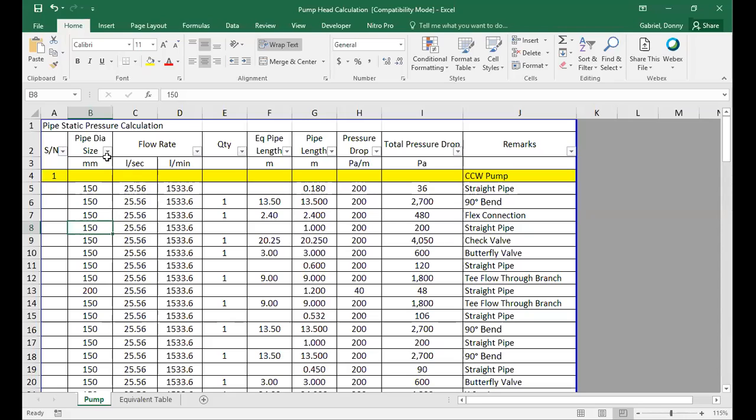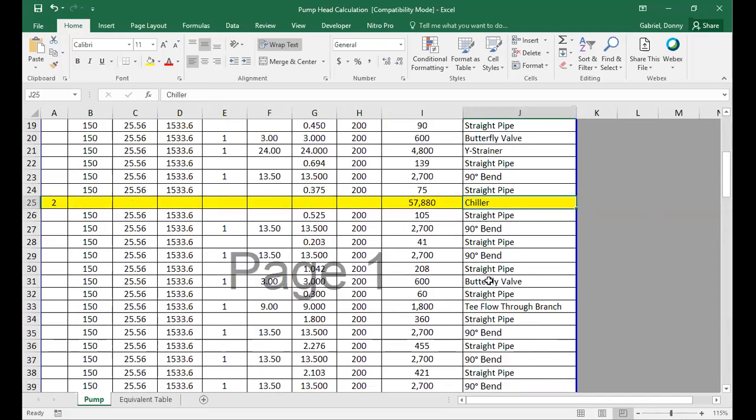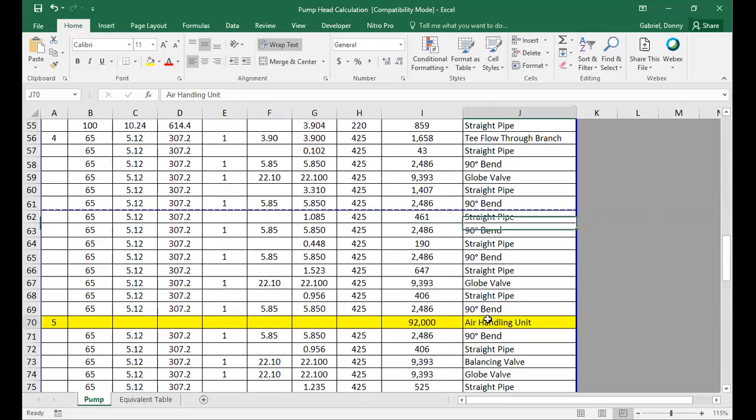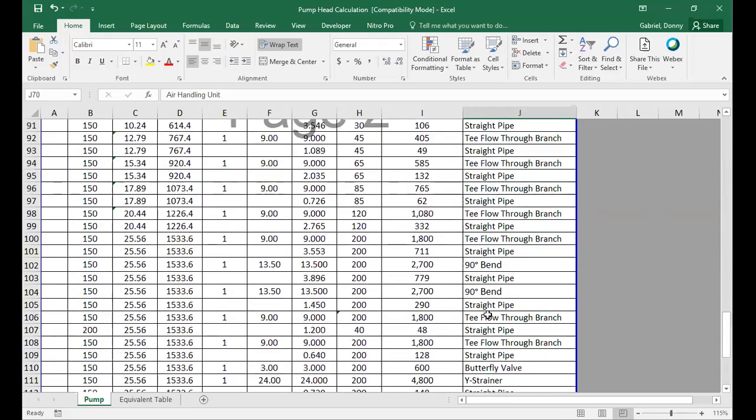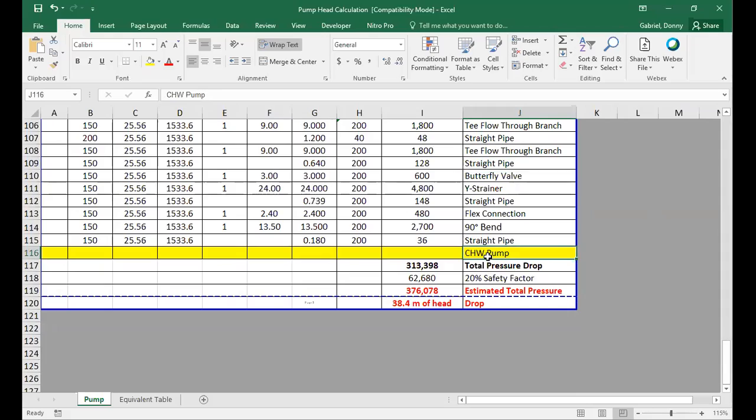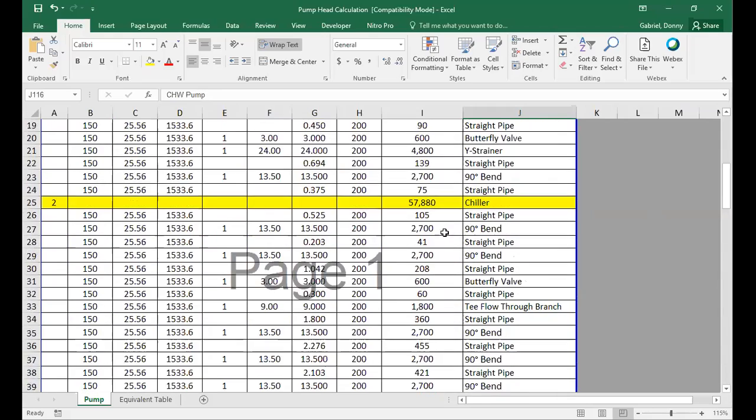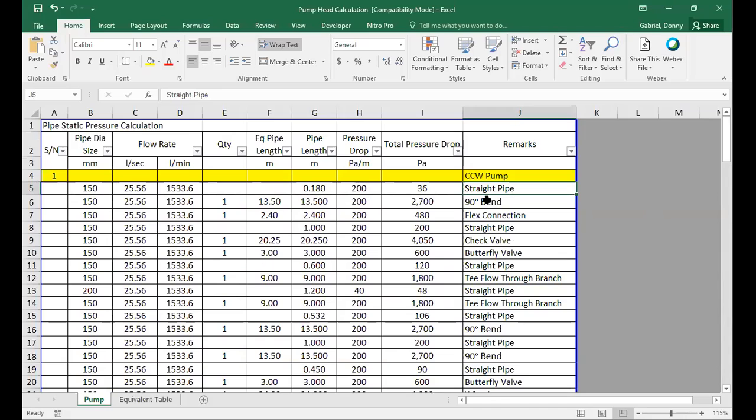So this is an example of the pipe static pressure calculation sheet. So you calculate from the pump all the way to your chiller, then to your air handling unit, all the way back to your pump. So you quantify each straight pipe, each pipe fitting, and its equivalent pipe length.